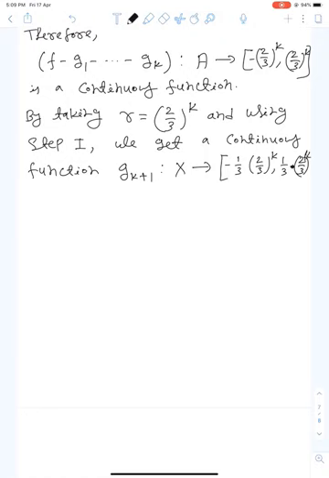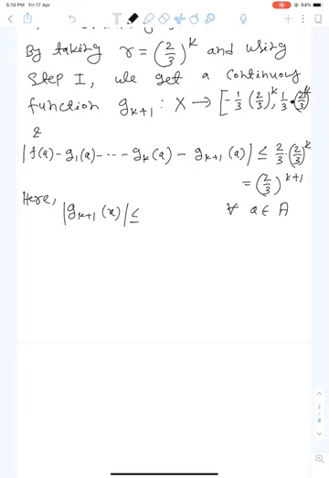This is my continuous function, and |f(a) - g1(a) - ... - gk(a) - gk+1(a)| is less than or equal to 2/3 × r, that is (2/3)^(k+1), for all a belongs to A. And |gk+1(x)| is less than or equal to 1/3 × (2/3)^k for all x belongs to X.